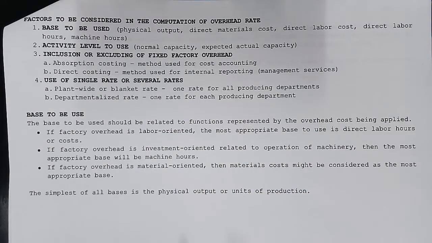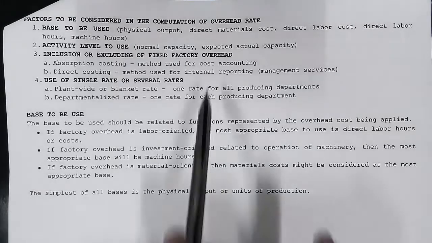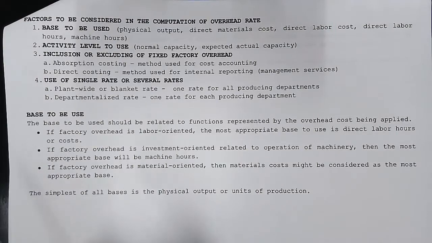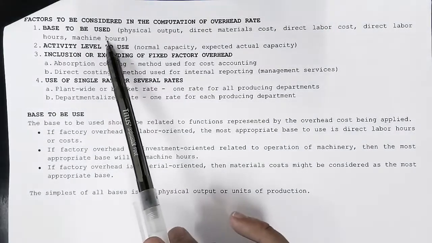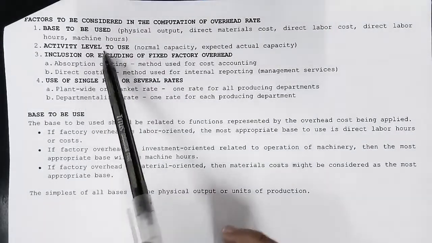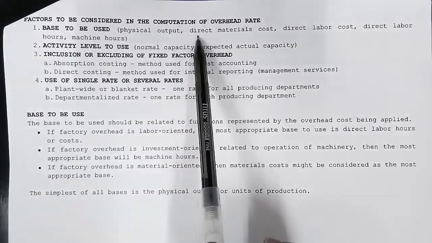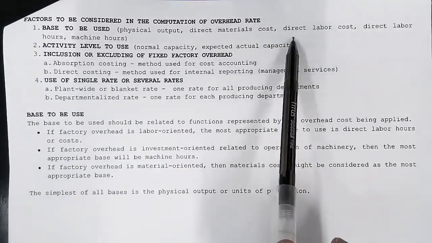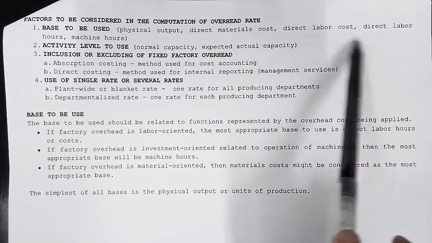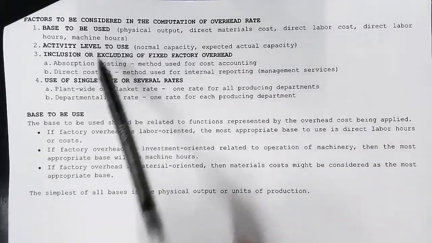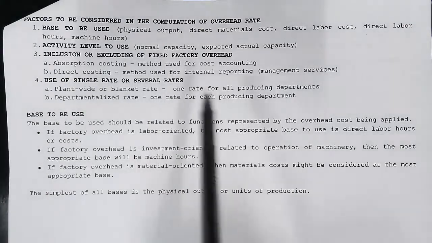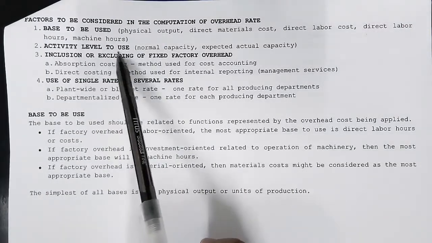What are the factors to compute it? Because we also compute what we call the factory overhead rate. Number 1, the base to be used: physical output, direct materials cost, direct labor cost, direct labor hours, machine hours. We will elaborate on that later. Number 2, the activity level to use.